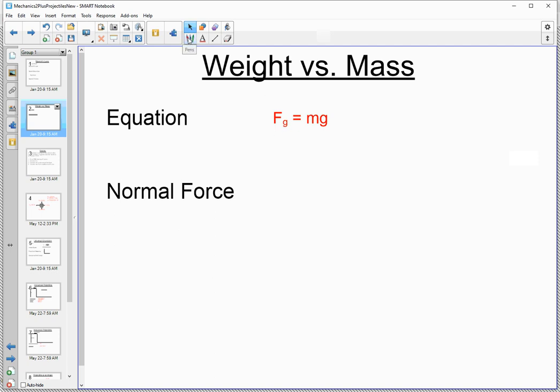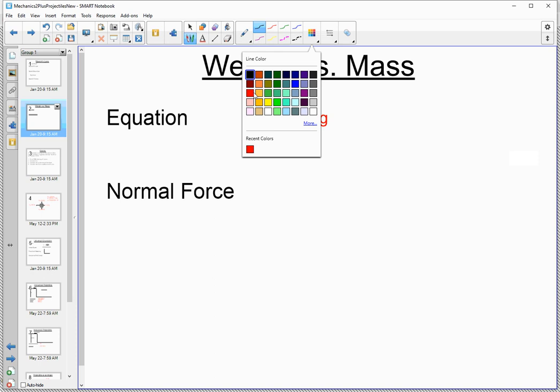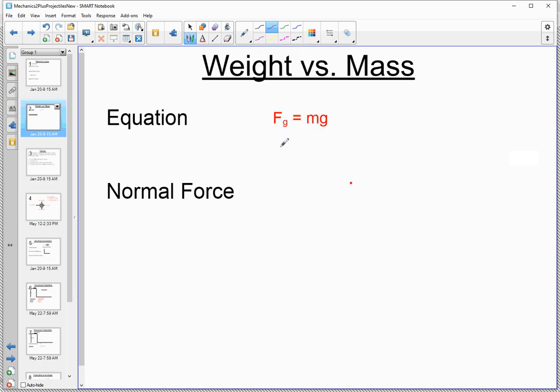Now the weight, let's pick red here to write in, is measured in newtons, whereas the mass is measured in kilograms. And let's equate those. And of course, little g is measured in meters per second per second. So as I mentioned earlier, a newton is the same thing as a kilogram meter per second per second.